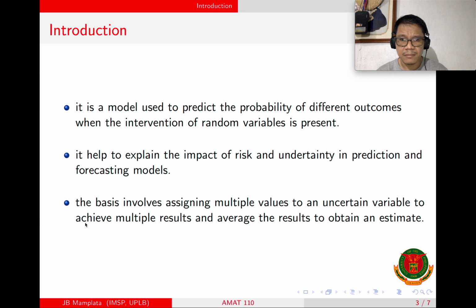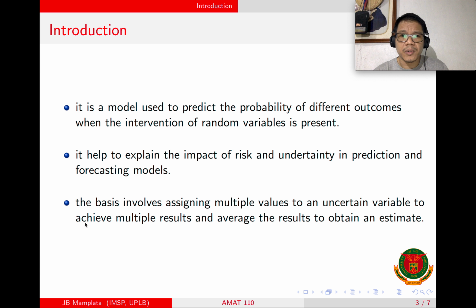So again, when we say Monte Carlo simulation, you will just do the process or do the experiment over and over again, with the random variable being considered embedded in that experiment.